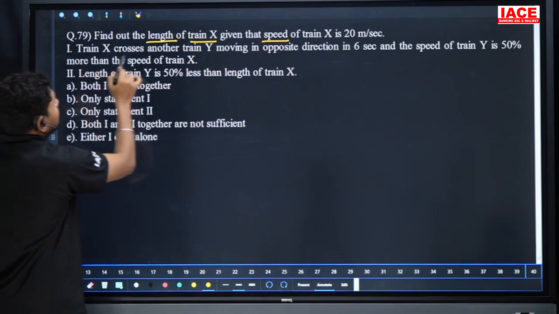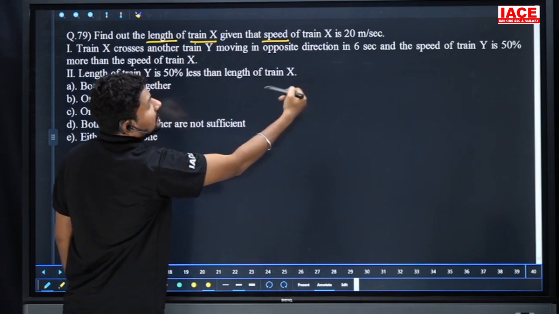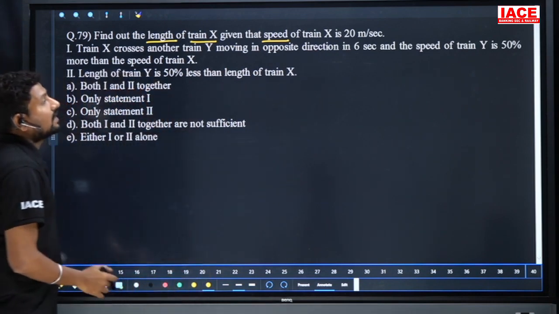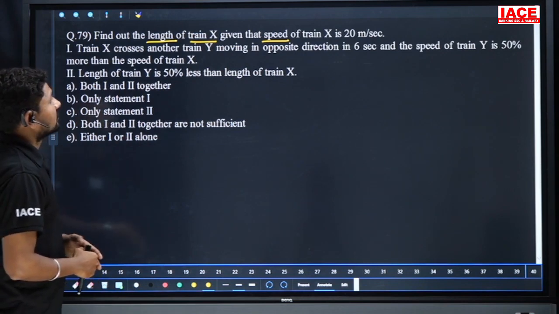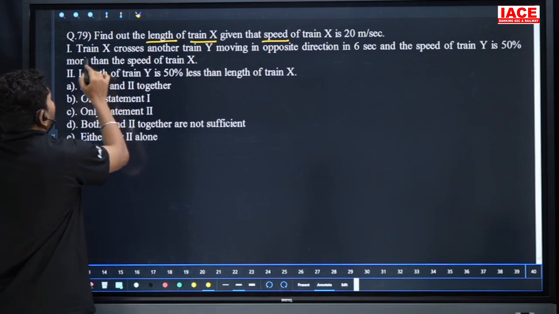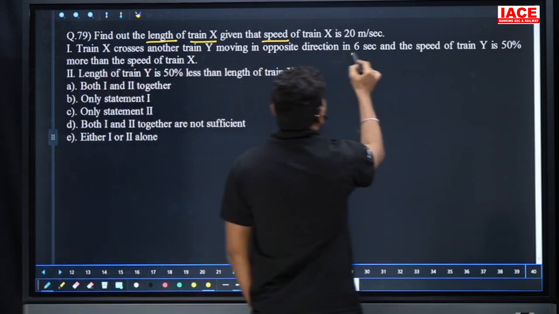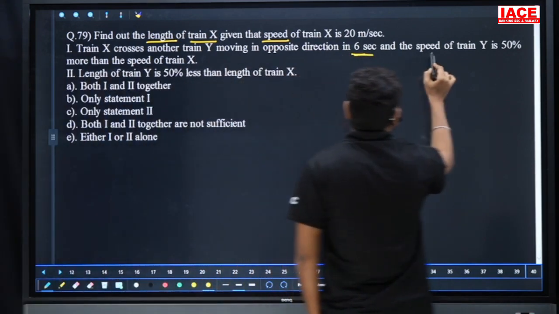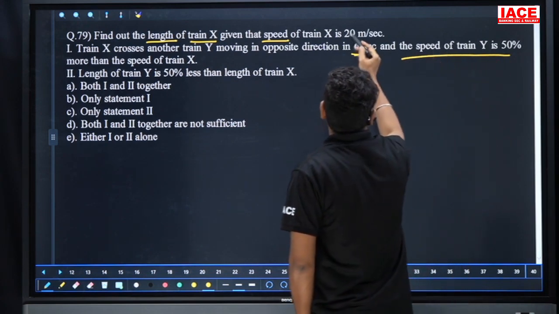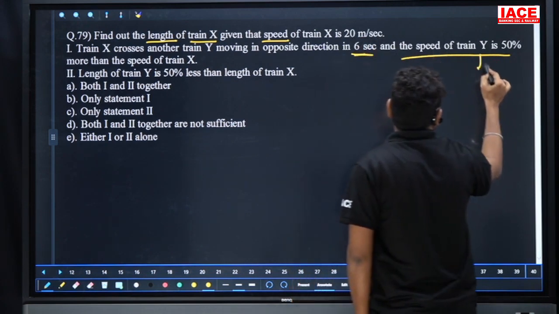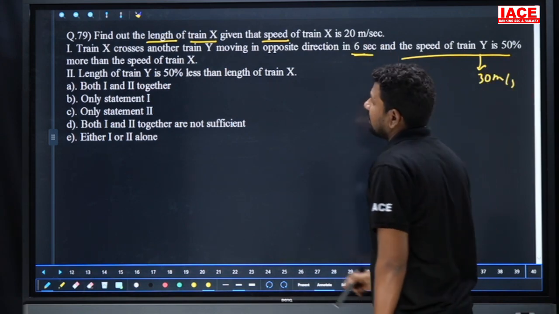Then train X crosses another train moving in the opposite direction in 6 seconds, and the speed of train Y is 50% more than the speed of train X. 50% more means it becomes 30 meters per second.